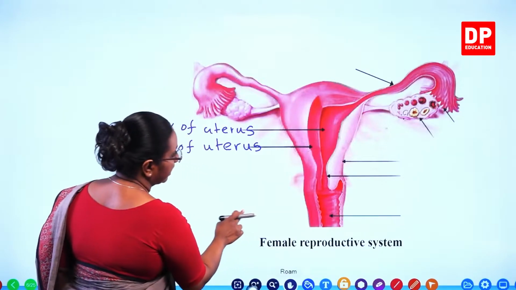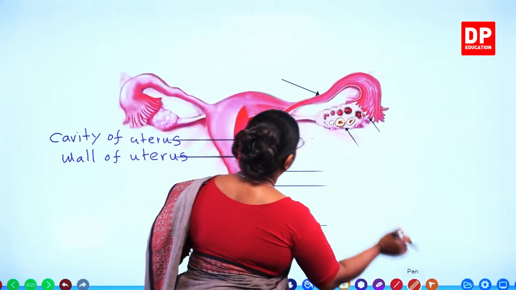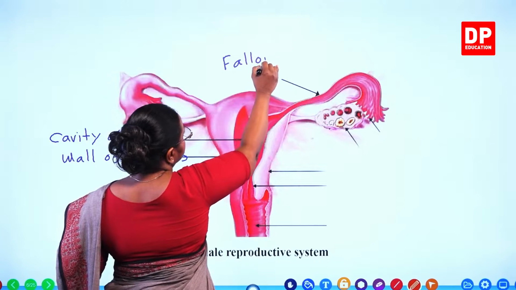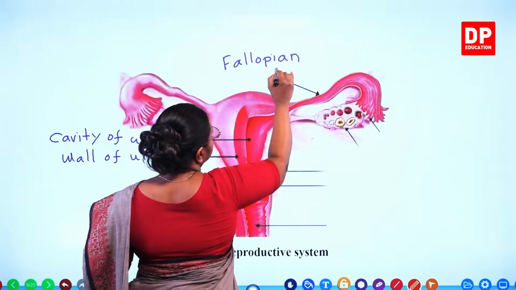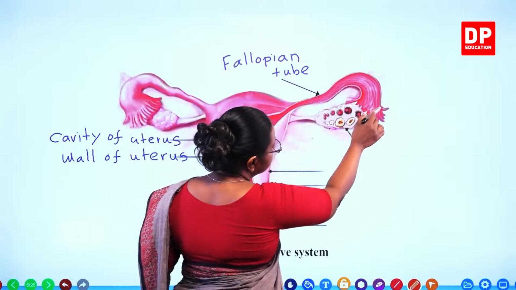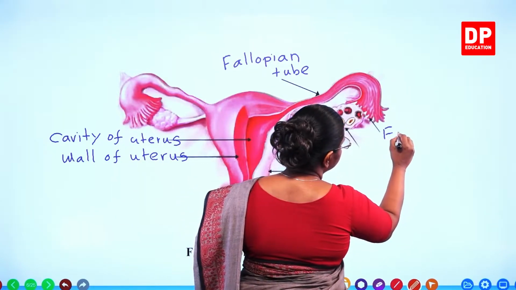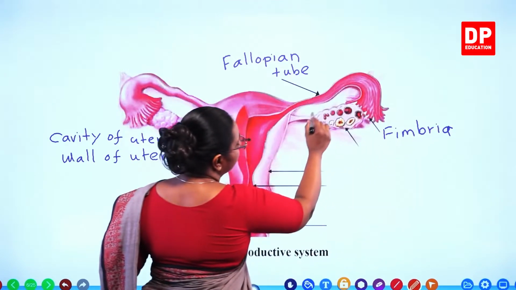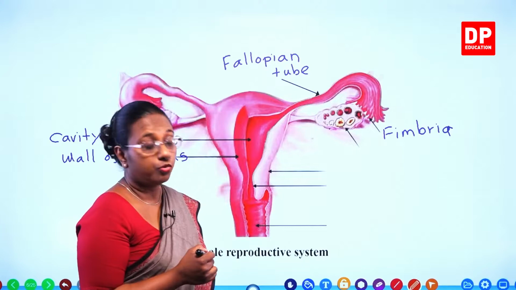Then on the other side, here we have the fallopian tube. And here you can see these are the fimbria, the finger-like projections. And what is this? It is the ovary.